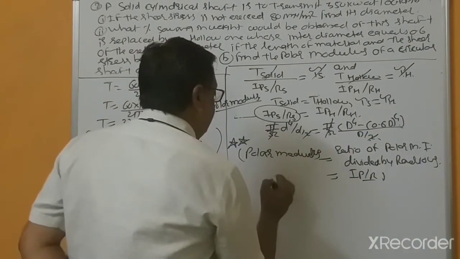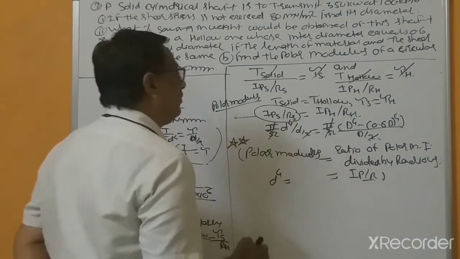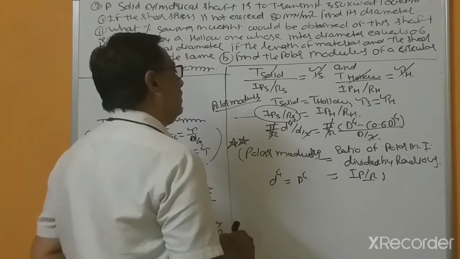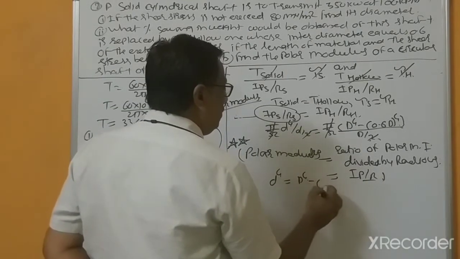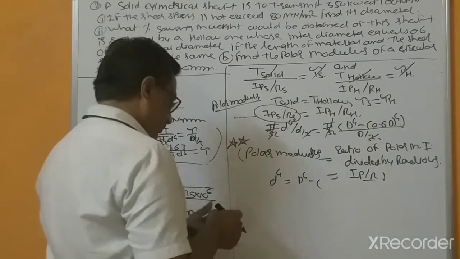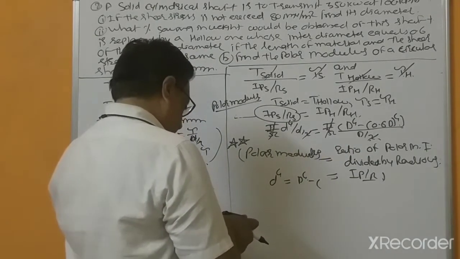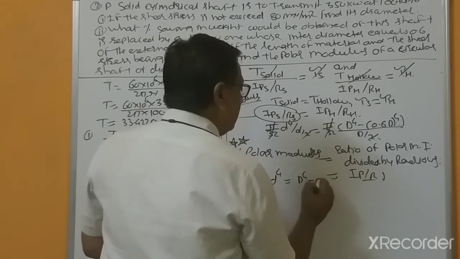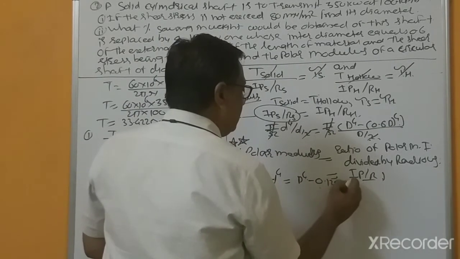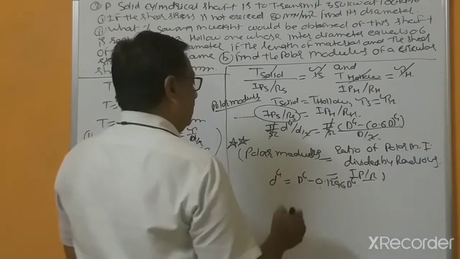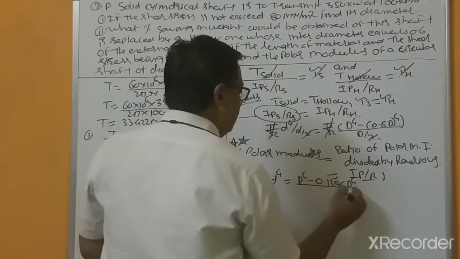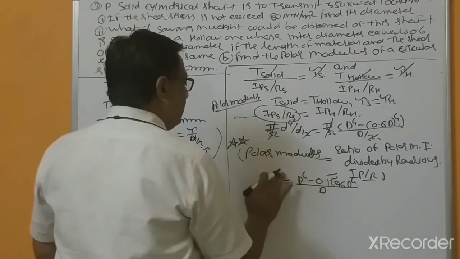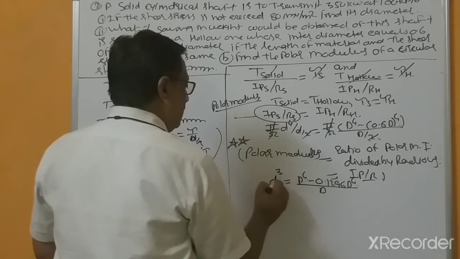Now d raised to 4 equals capital D raised to 4 into 0.6 to the power 4, that is 0.1296 D raised to 4, divided by D. So here one D will get cancelled and this is D cube.